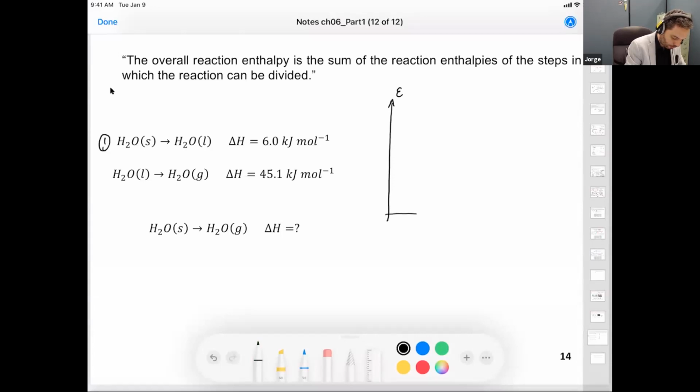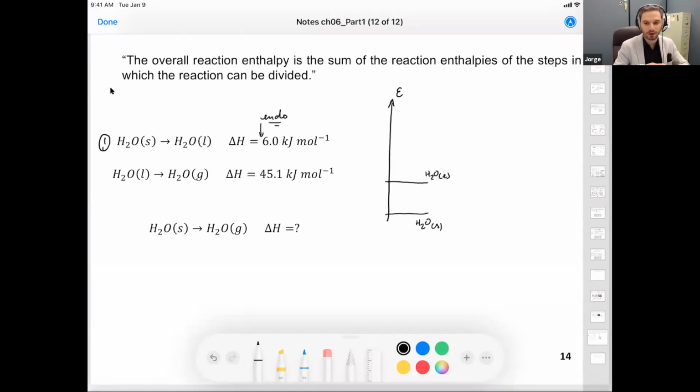So we are going from water in the solid state all the way to the liquid state right here. Okay. The transformation is endothermic because the delta H is positive.